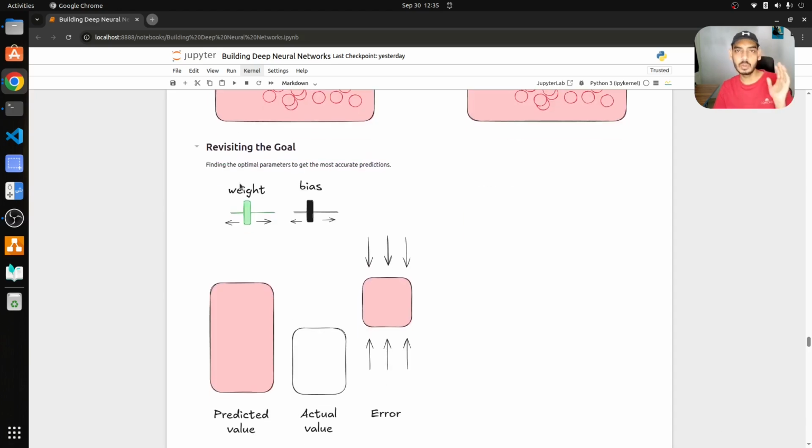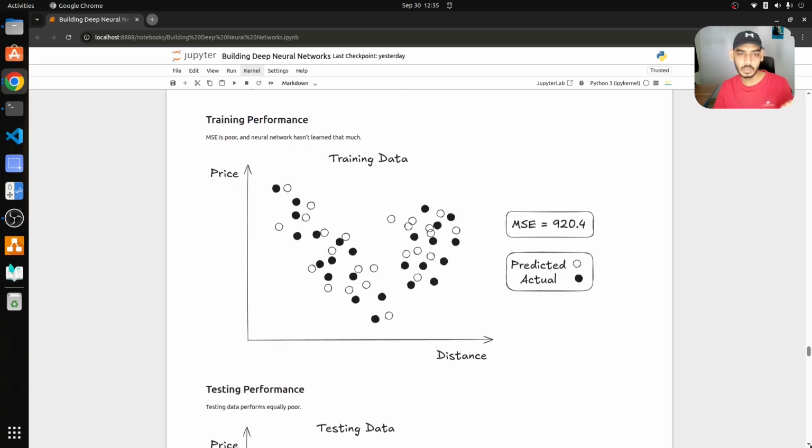So what is the goal? Going back to what we are trying to achieve, which is updating weights and bias such that we can reduce the error. That's the whole goal of this task. Now consider you have trained the model, run it for 100 epochs or 1000 epochs, and now you use that model to do prediction.